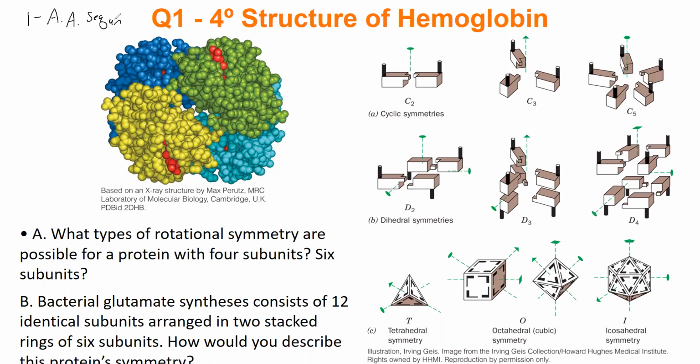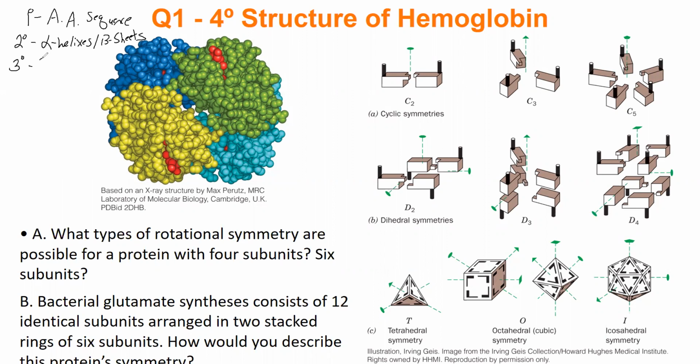What is your sequence? N-terminus to C-terminus, that's primary. Secondary is backbone conformation of localized regions. And we're mainly talking about our alpha helixes and beta sheets there, but those aren't the only types of secondary structure. They're just the most common.